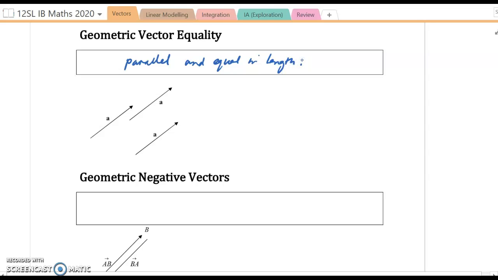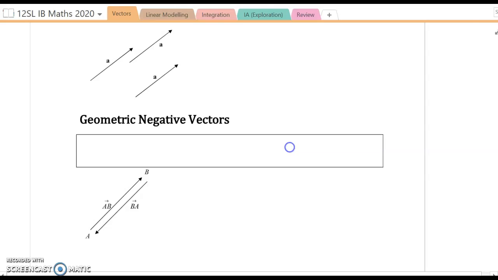Now, geometric negative vectors are vectors with the same magnitude but in the opposite direction. So you can see it's as if I copied it and then flipped it and pasted it there. So I'm just going to erase this. We can write BA as the negative version of the AB vector.